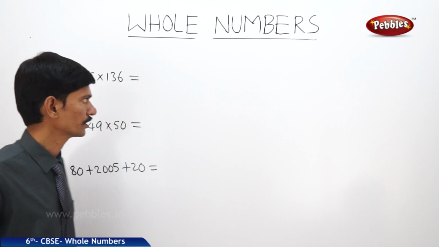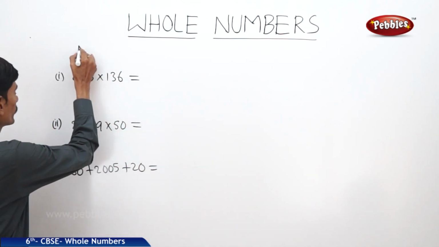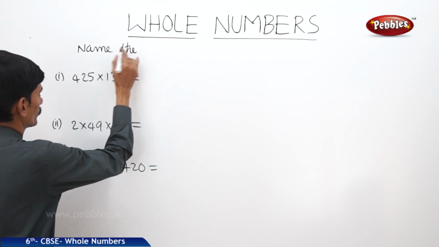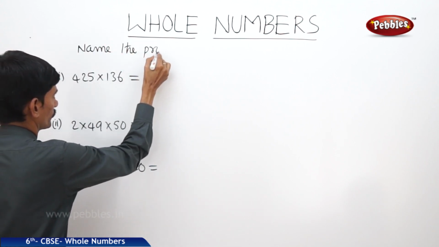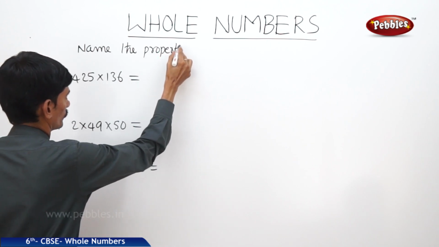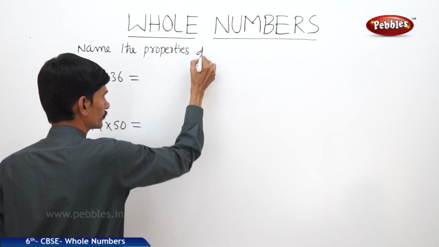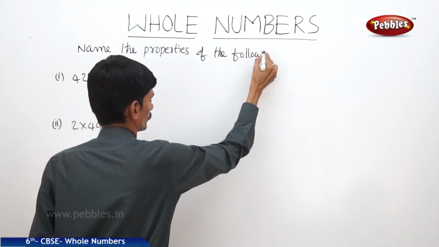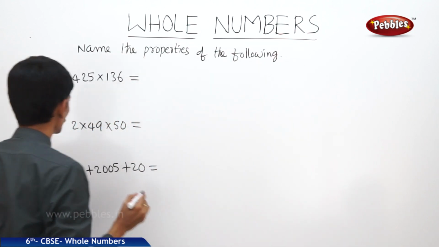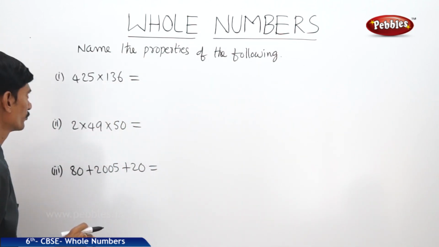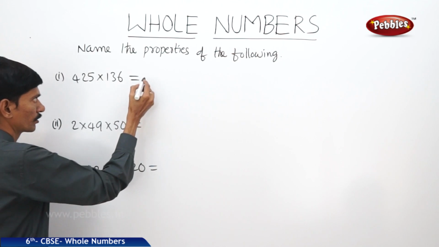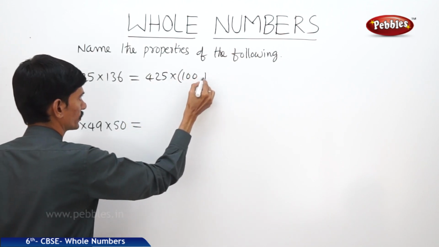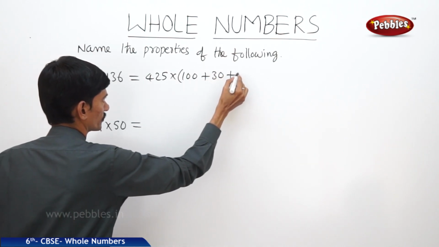Now let us see the next question. Name the properties of the following. Now the first one is 425 into 136 equals to 425 into 100 plus 30 plus 6.